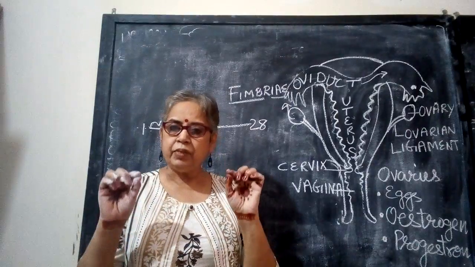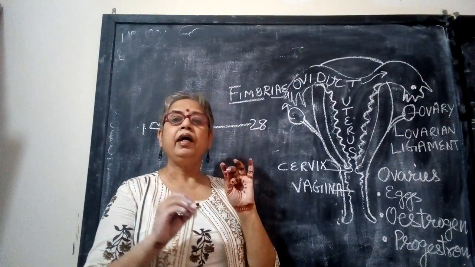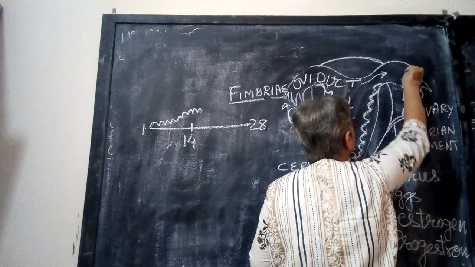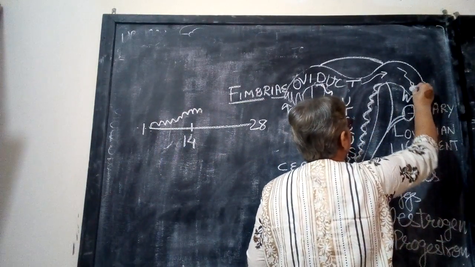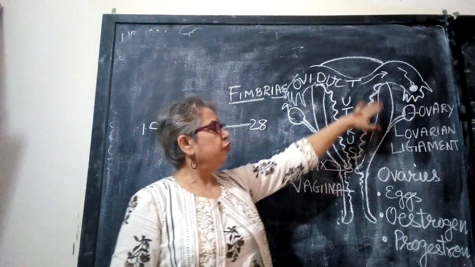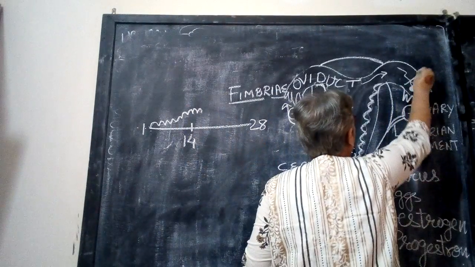Then due to chemical secretions, the egg wall is dissolved and only the head of the sperm enters. So if this is the egg, the egg fuses with the sperm. The tail remains out.